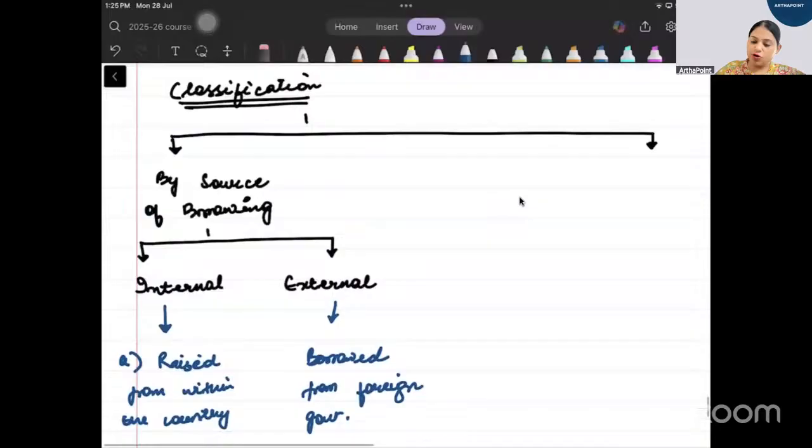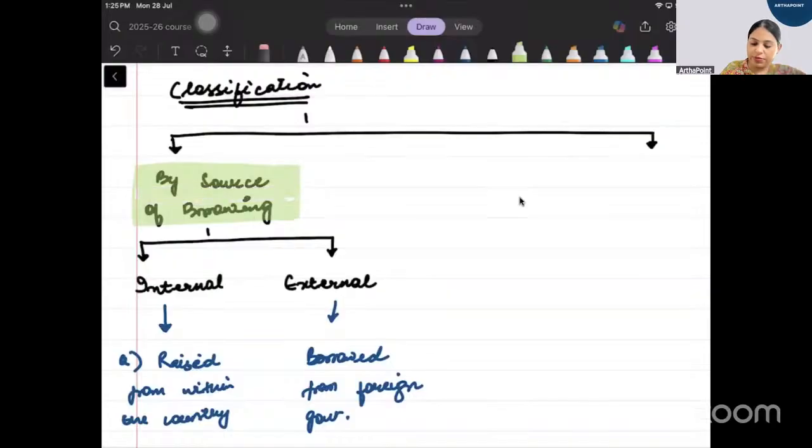This is your first one, which is by the source of borrowing.